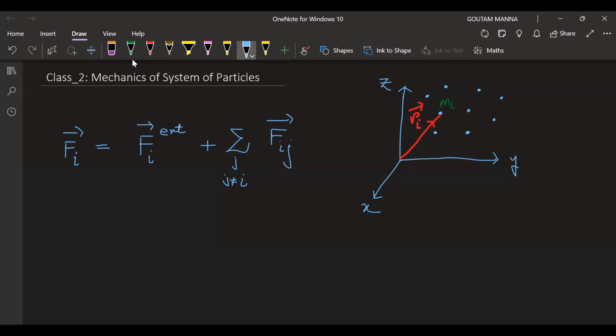This F_ij means the force on the ith particle by the jth particle.